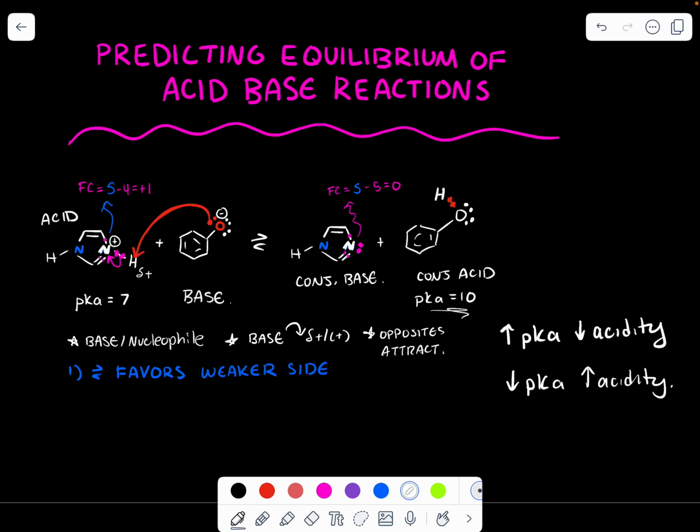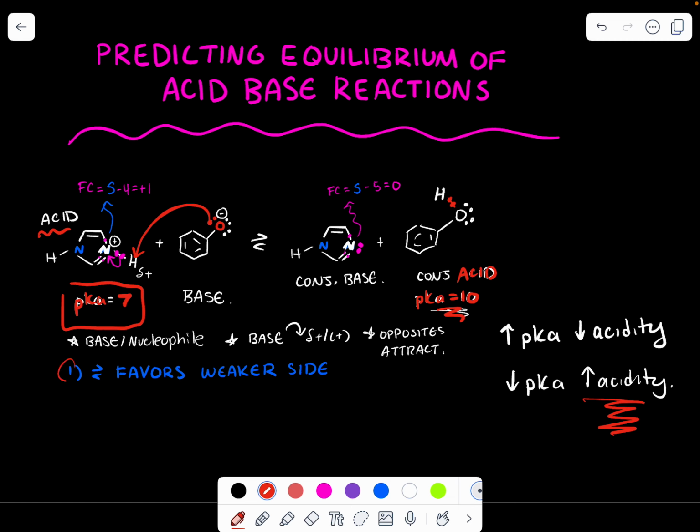That means you want to leave. So who has the lower pKa? This acid had a pKa of 7, and this acid had a pKa equal to 10. So this pKa is lower, therefore it is more acidic.